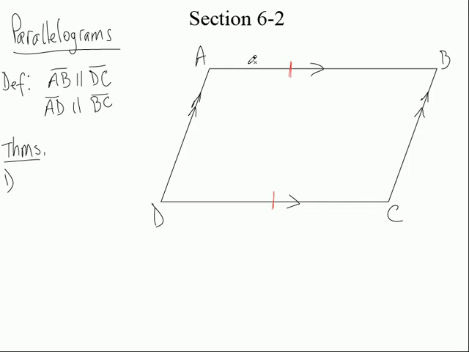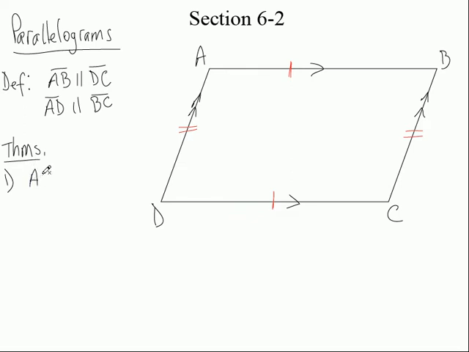They're congruent to each other, absolutely. It's not because of the definition, but because of a theorem. These two opposite sides are equal, and these two opposite sides are equal to each other. So for our first theorem, opposite sides are equal to each other in length. Pretty easy, isn't it? Yes, it is. Let's write that down.